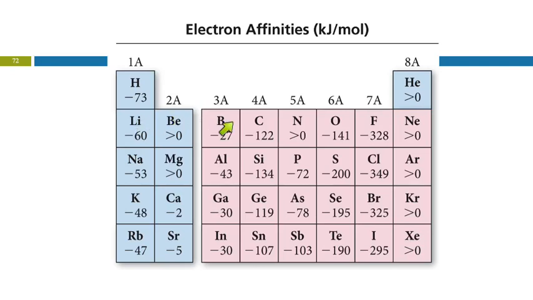As we go across a period, we see that the most negative electron affinity is going to be in group 7A. All of the halogens have electron affinities that are greater than 1, so we don't even give them the number, it just says greater than 1.